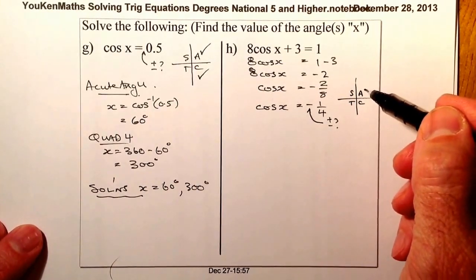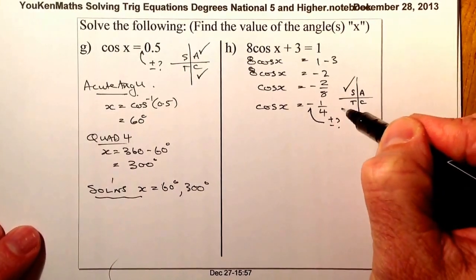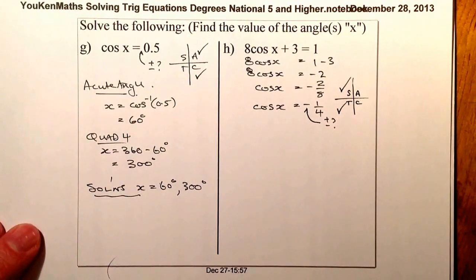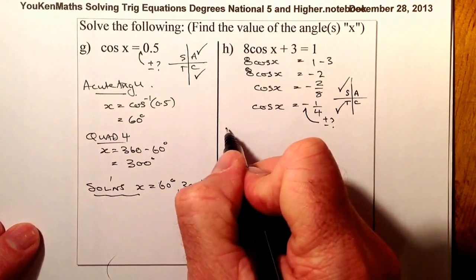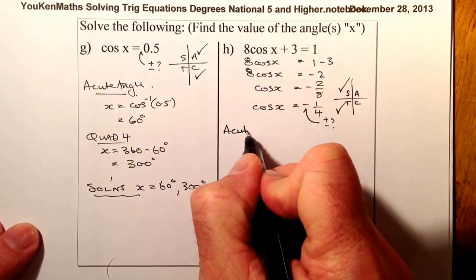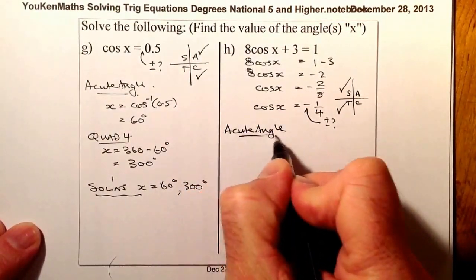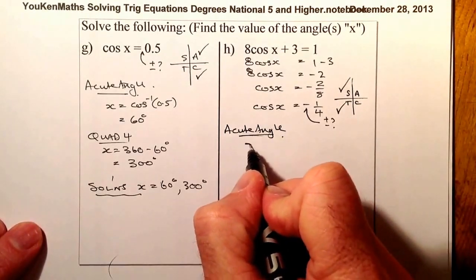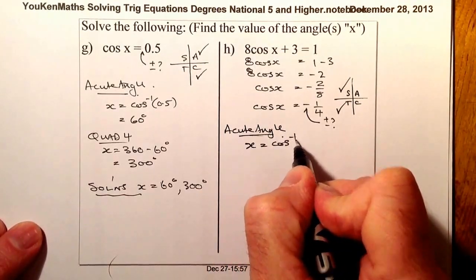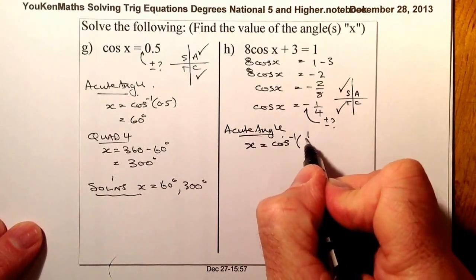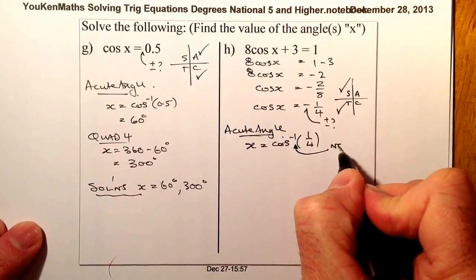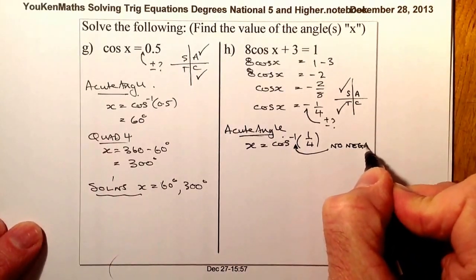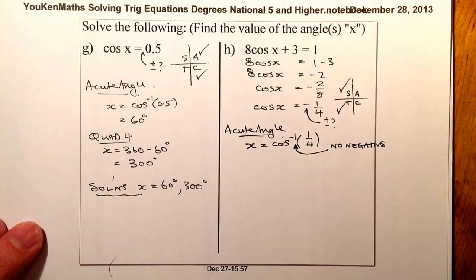So cosine's positive here and here, so I must be looking for the solutions in here and here, in quadrant 2 and quadrant 3. But first of all I must find the acute angle to help me out. So the acute angle is going to be the inverse cosine, and I'm going to be using 1 over 4. So no negative used here. Okay, because I just want to find out what the acute angle is.